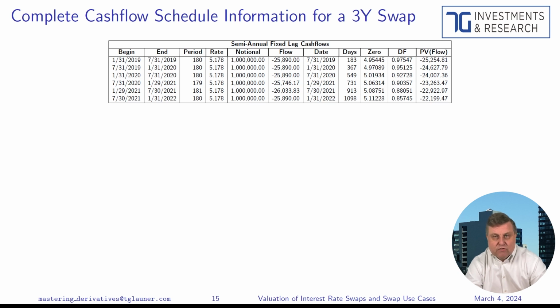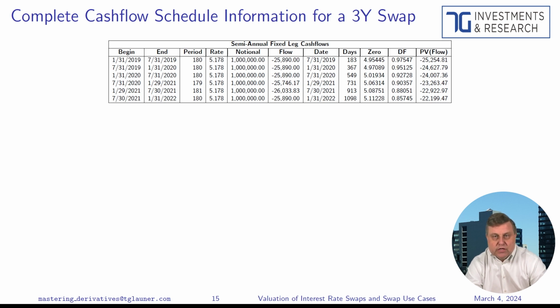For instance, the fourth row shows 179 days instead of the typical 180. This discrepancy arises when adjusting for holidays or weekends that may fall at the end of an interest rate period. January 30th, 2021 might have been such a day in this example.